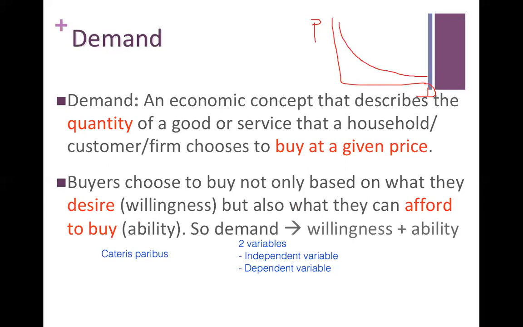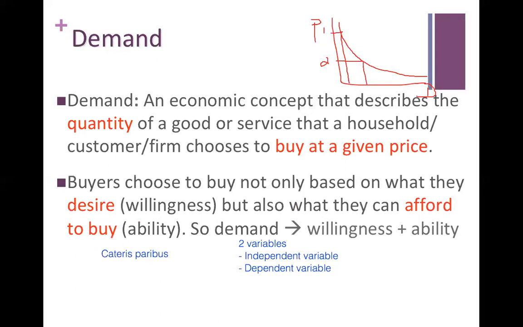In fact, it may even be zero that the customers would purchase. If we drop the price, the quantity demanded will increase. So if we are at price 1, the quantity demanded may only be that much. But if you drop the price to price 2, for instance, then the quantity demanded will increase. So that's the law of demand, which is reflecting the downward sloping.